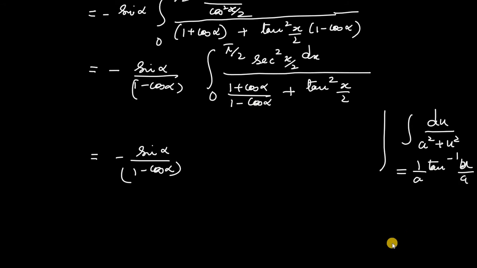So using that formula here, this one can be written as d of tan x by 2, and then 1 plus cos alpha by 1 minus cos alpha can be written out as 0 to pi by 2. Then if you differentiate this one, then half will come out. Differentiate tan x by 2, then half will come out from here.